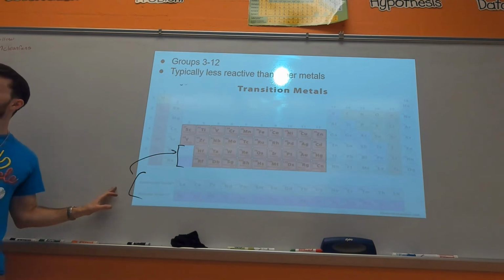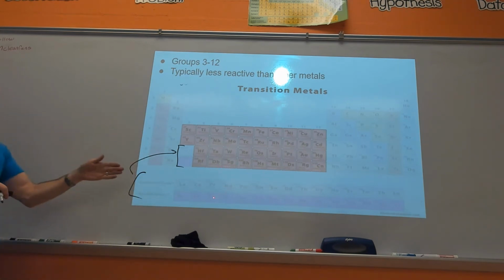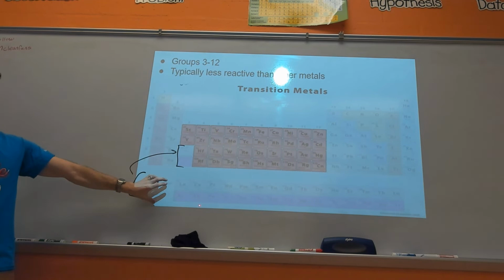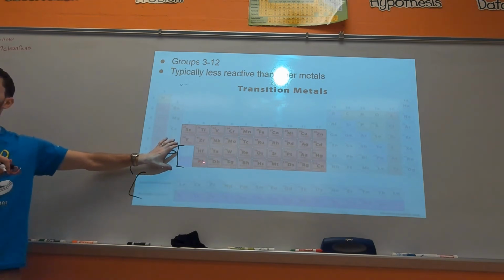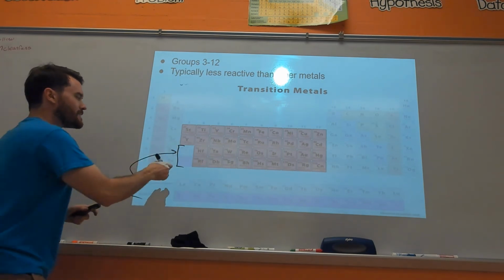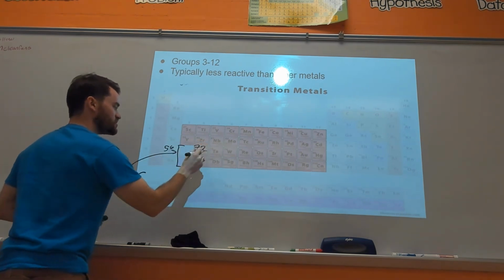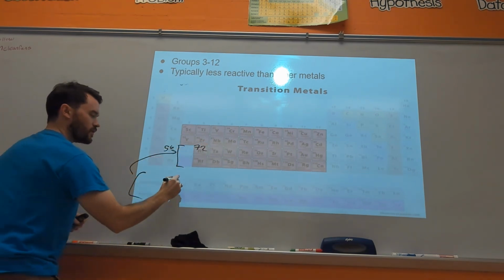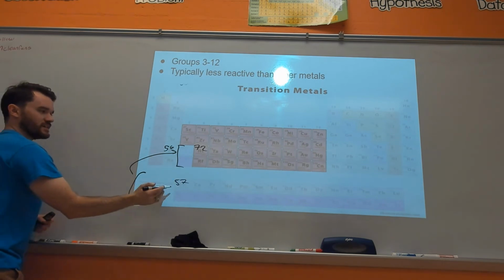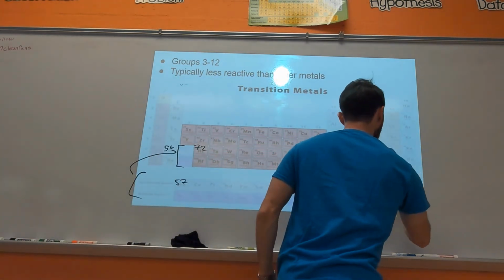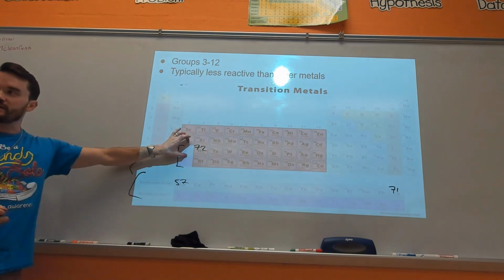Save space. Yeah, think of how wide this would be, like twice as wide if you tried to squeeze this into this actual row here. And what I mean by squeeze in, this is 56, this is 72 right here. So these are 57, and this ends at 71. That would squeeze in right there.